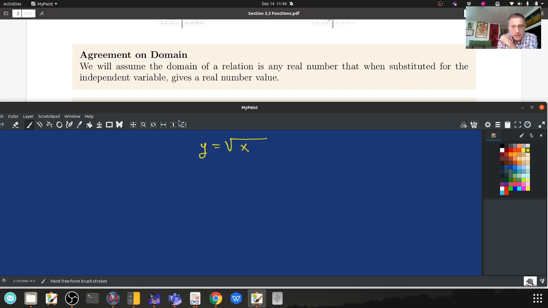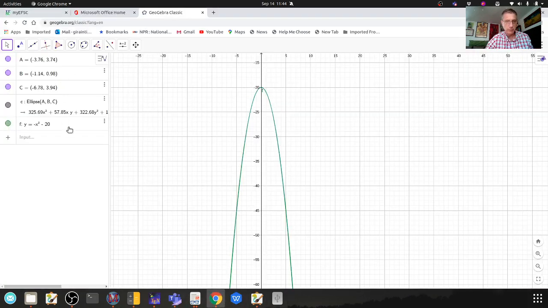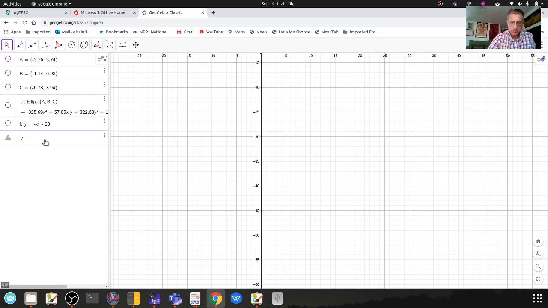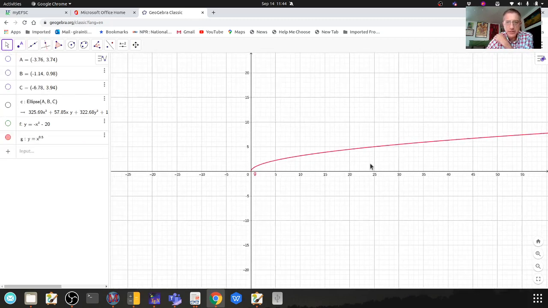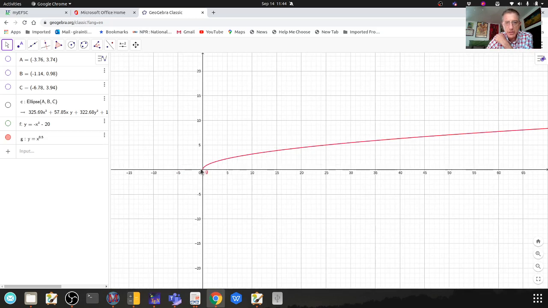So if I look at the graph of that, let's look at the graph of that. That's the relation. So the domain literally starts at 0 and continues on.